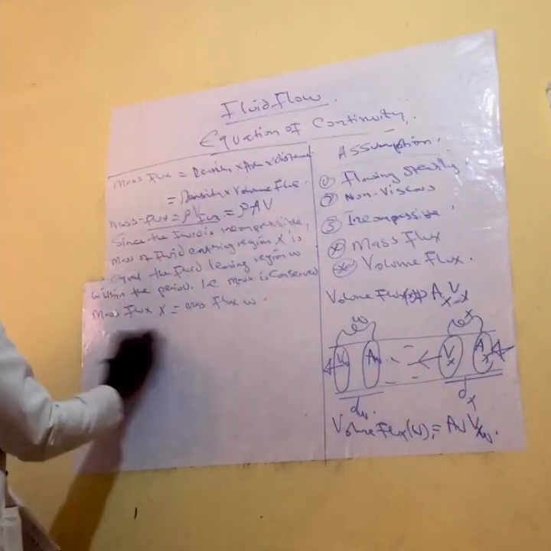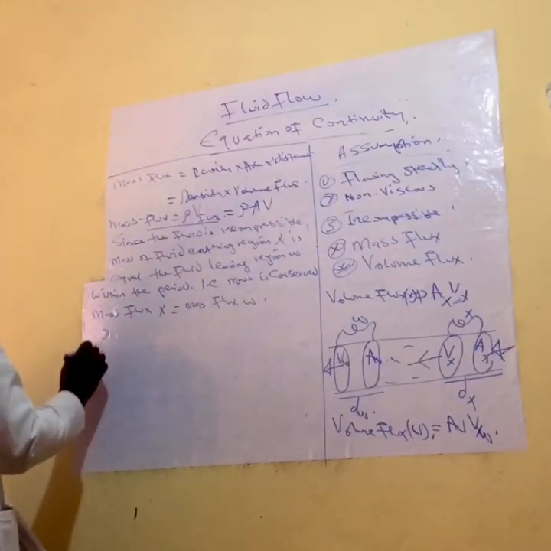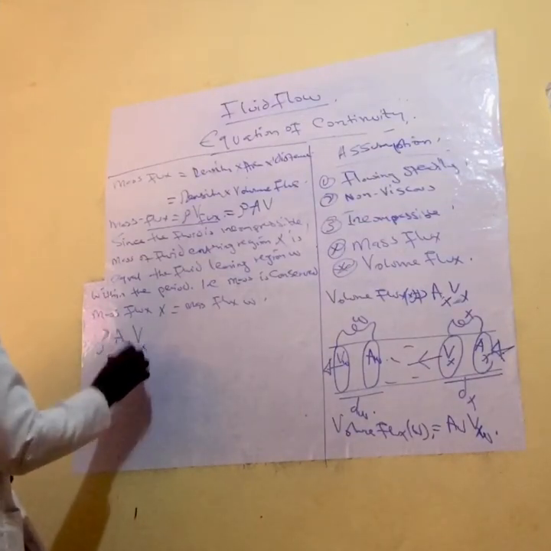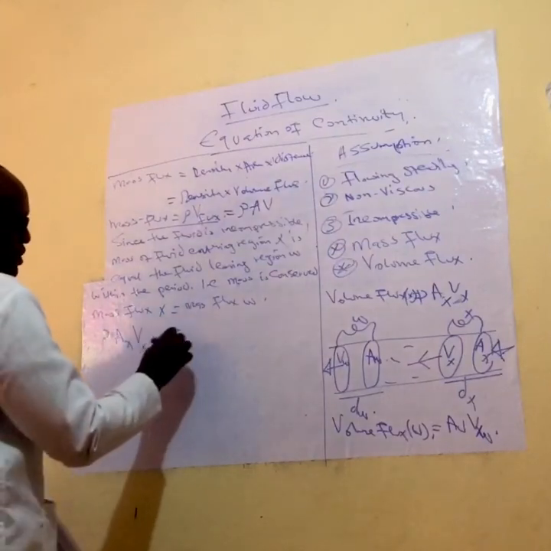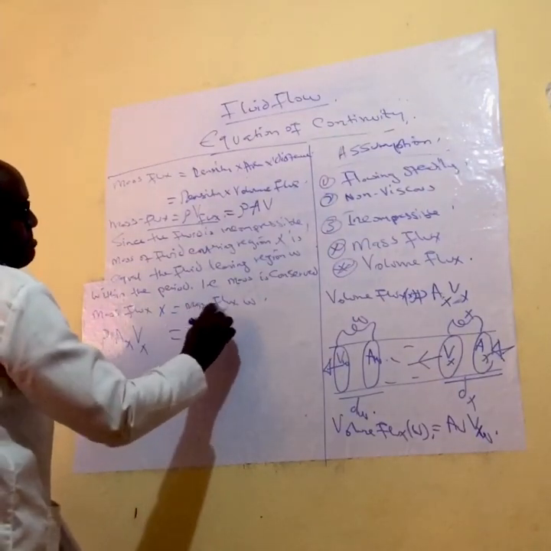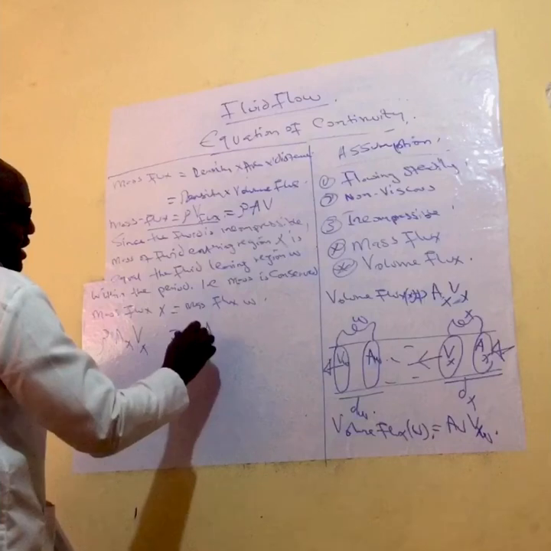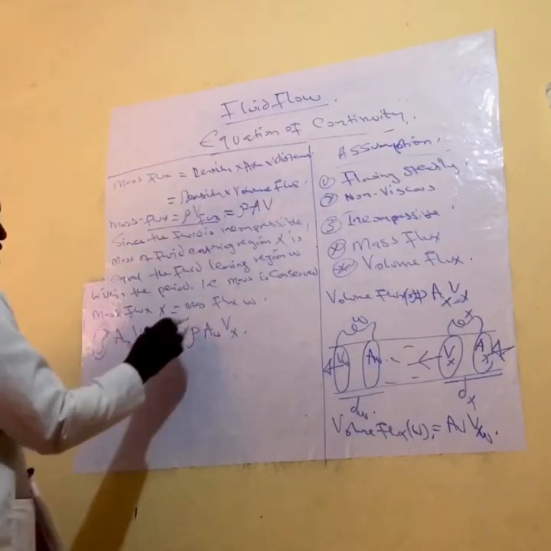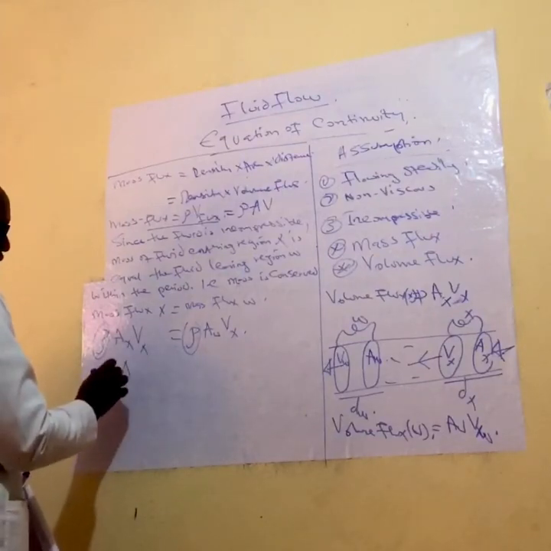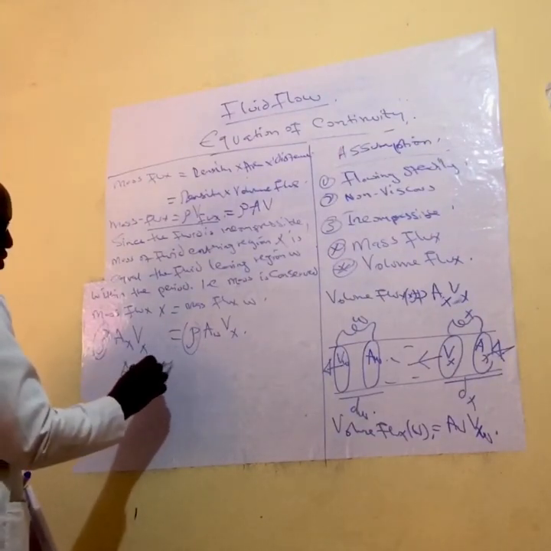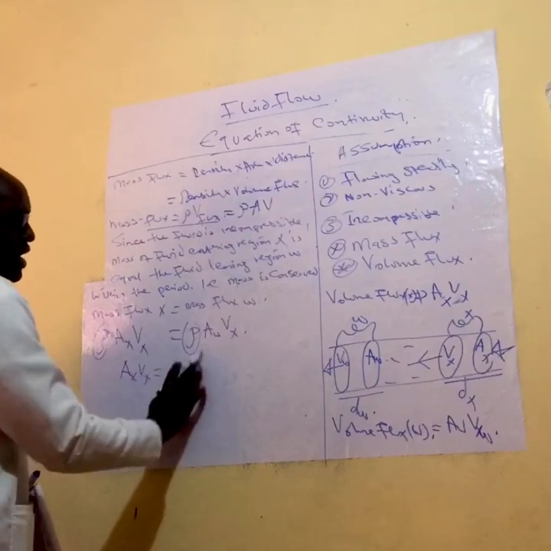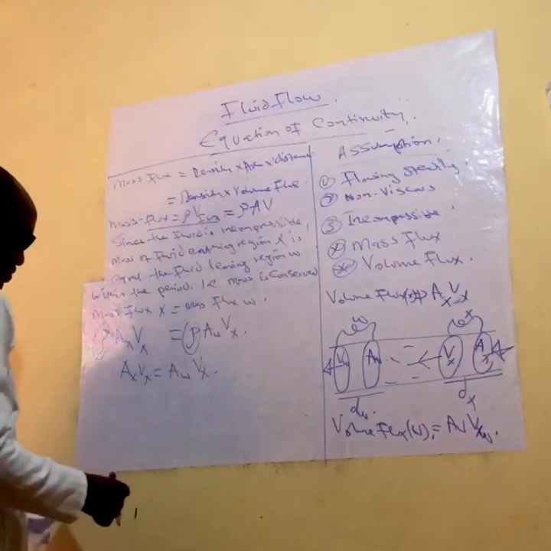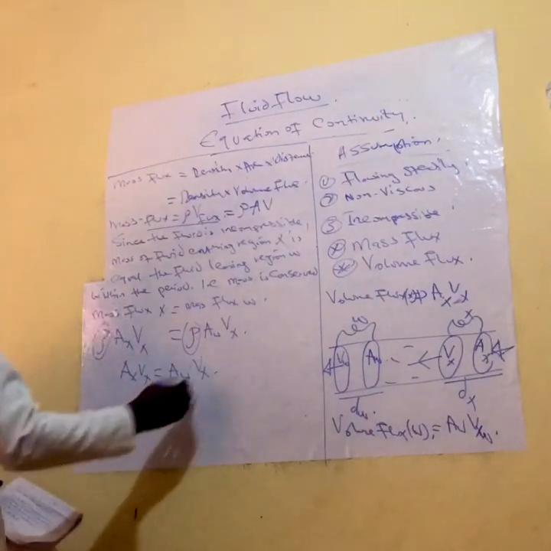Then we can say at this region, the density multiplied by the area AX, and then multiplied by the velocity Vx equals the density multiplied by this area AW times Vw. Since this and this are common, then we can have AxVx is equal to AwVw.